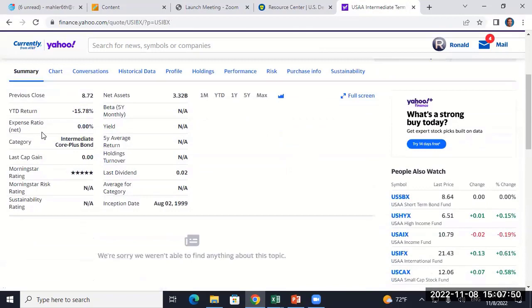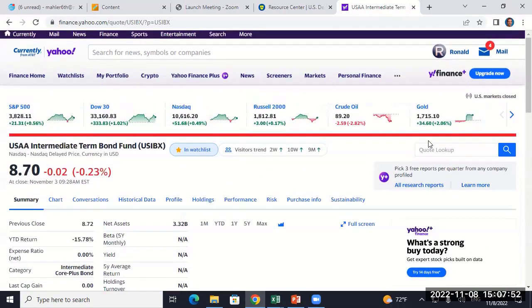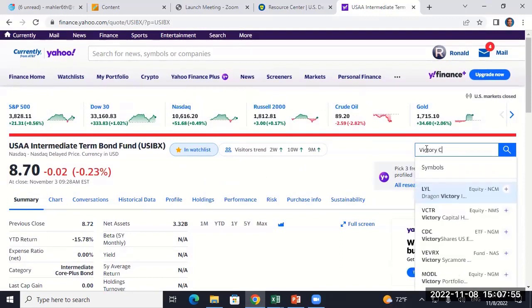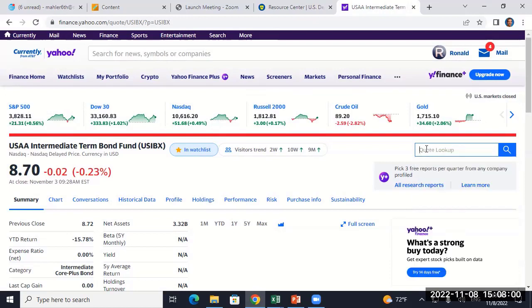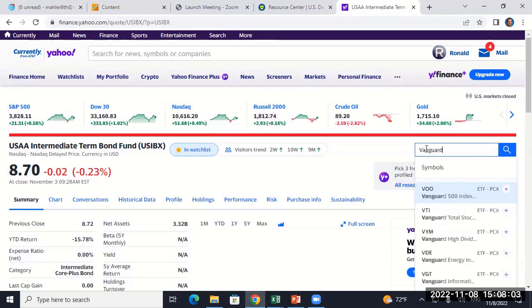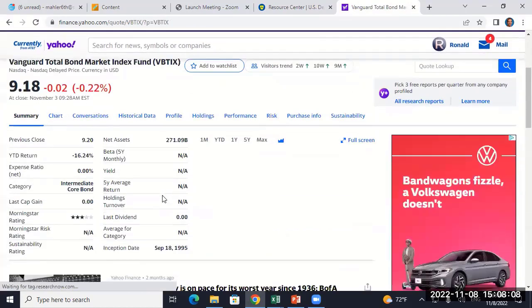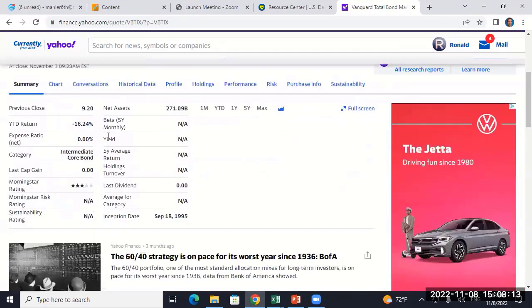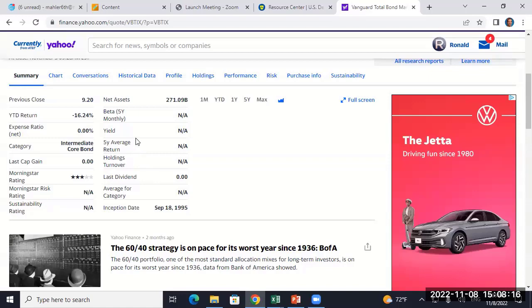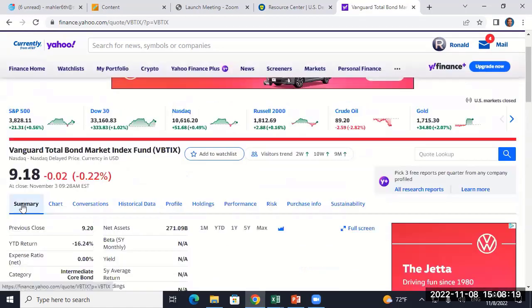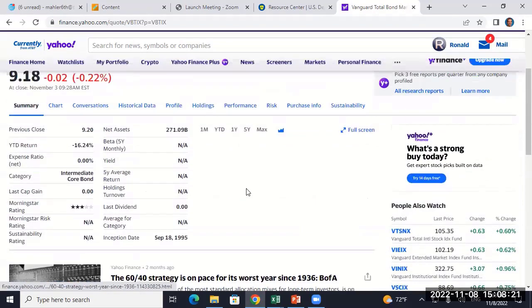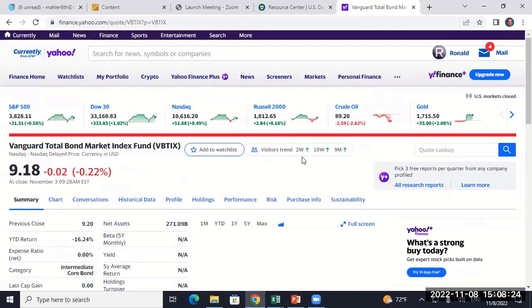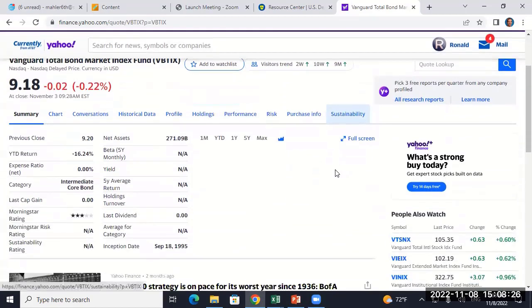Here's a corporate bond fund. Oh, they don't show it. Maybe it's Victory Capital now? I don't know why I can't look it up. Let's try total bond. Frustration. They won't tell me what the year to date is. All right, I give up, but I'll try to find some for next class.